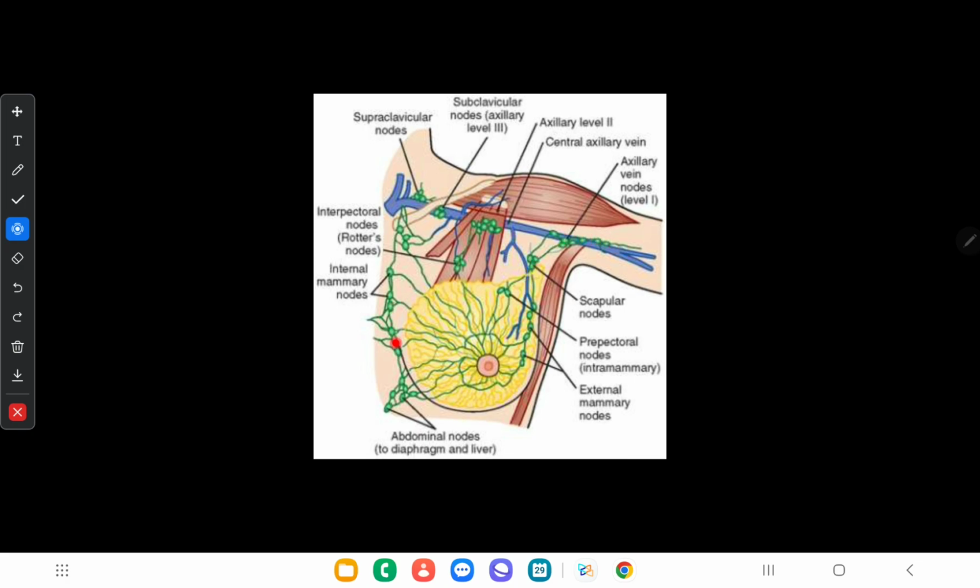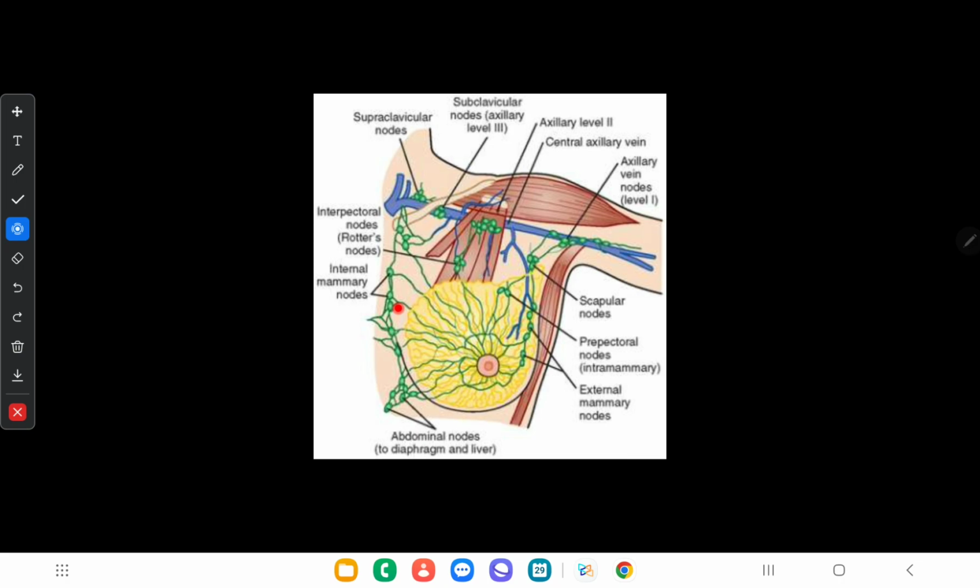Some lymph drains along the tributaries of the internal thoracic vessels, as you can see here, piercing the pectoralis major muscle to traverse the intercostal spaces to lymph nodes along the internal thoracic chain. Here are the lymph nodes in the internal thoracic chain.